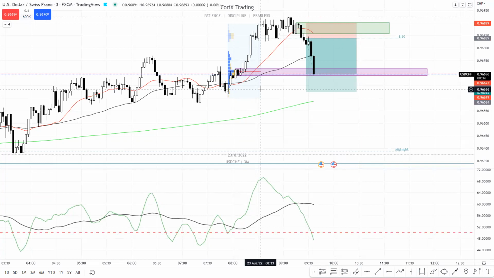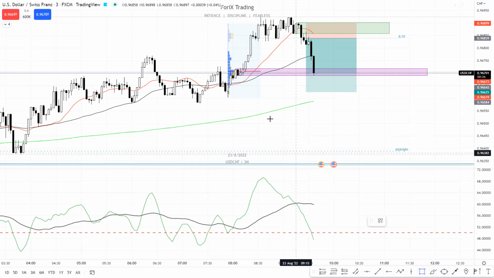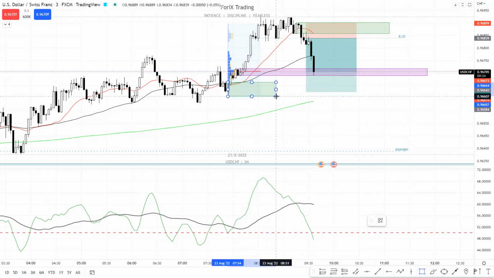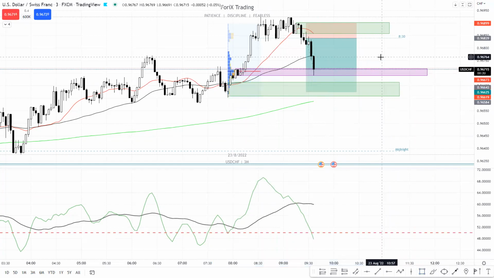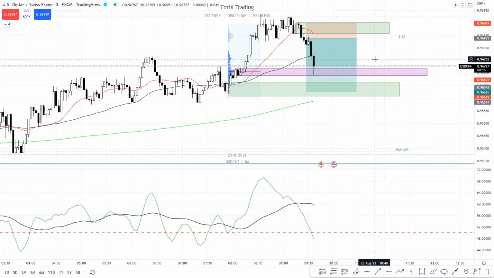It's just collapsing here at this point. Love to see a continuation lower. So we've already secured profits and our stops are at break even. I think we could just close the rest of the trade and just call it a day.